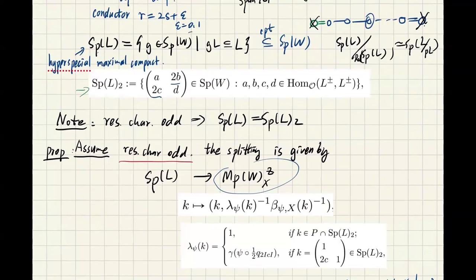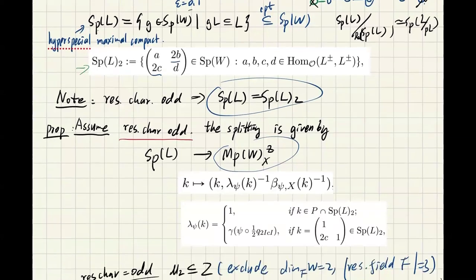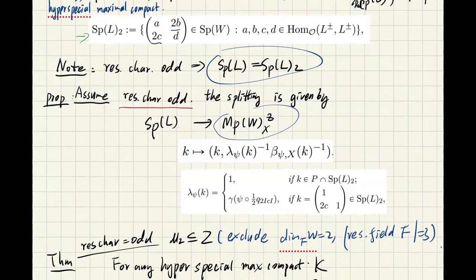Multiplying by 2 preserves the lattice, but multiplying by 2 inverse does not: 2 inverse times L is not equal to L. If you assume the residual characteristic is odd, then 2 is always a unit. When the residual characteristic is odd, these two groups are the same. When it's even, these two groups are not the same. In general you will have a splitting like this, but when the residual characteristic is odd, these two groups are the same.